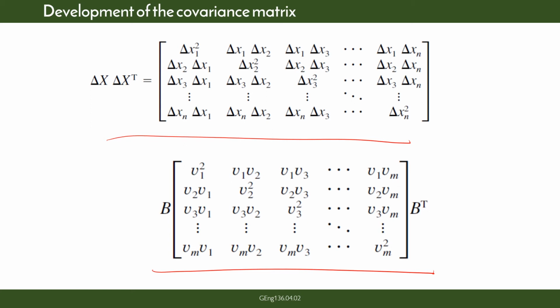We have the expanded equation of B V V T B T, and this is the expanded equation of delta X times delta X transpose, or the transpose matrix of delta X.